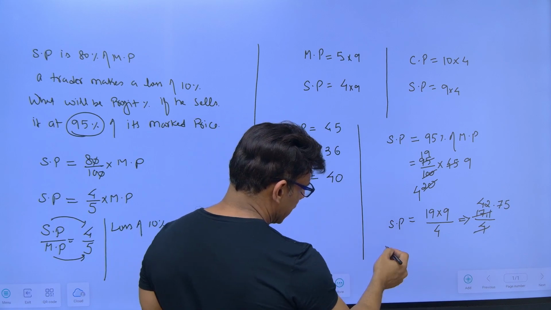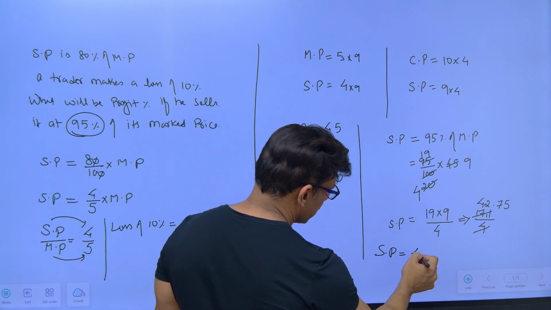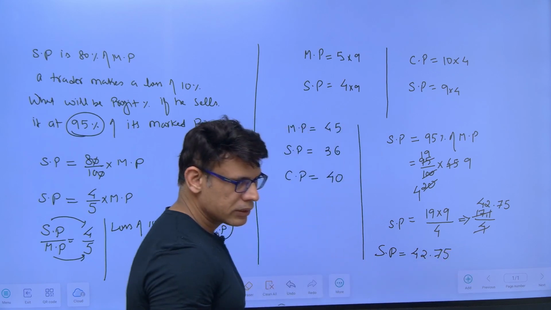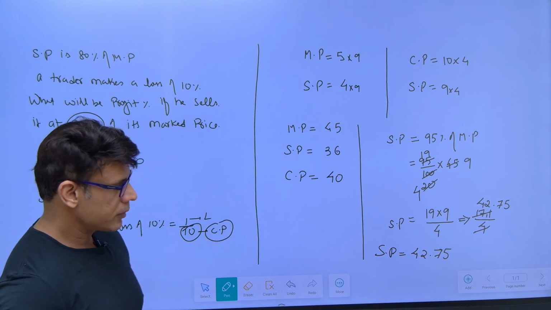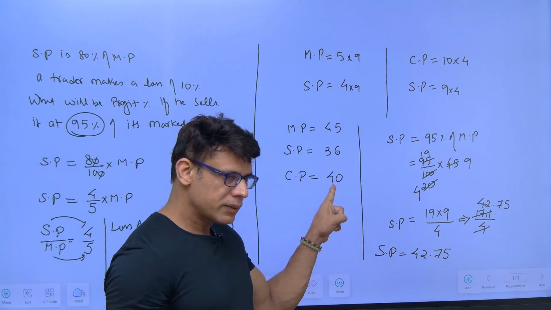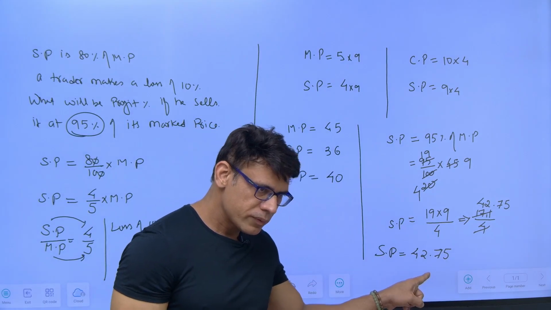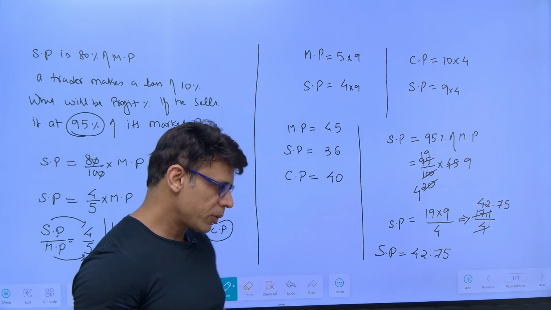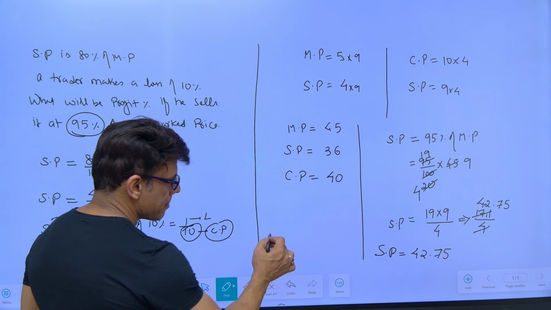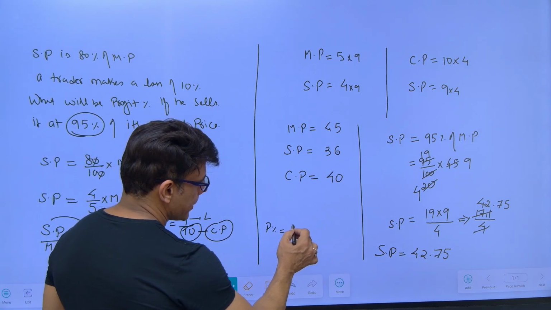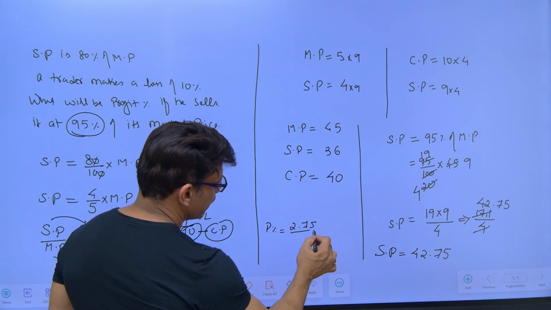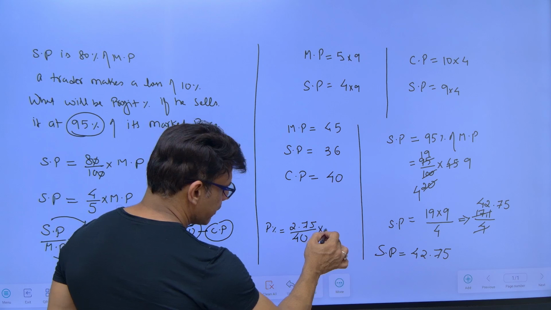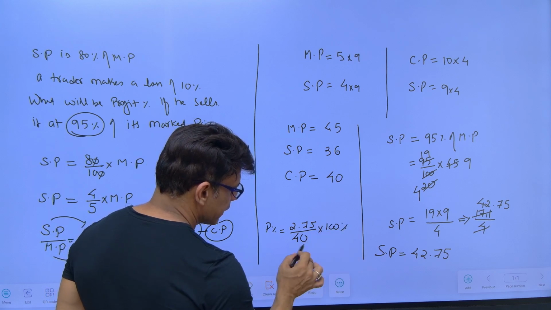So what is the new selling price? 42.75. Yes. Cost price 40, now selling price 42.75. That means you made a profit. How much profit did you make now? 2.75 over 40.